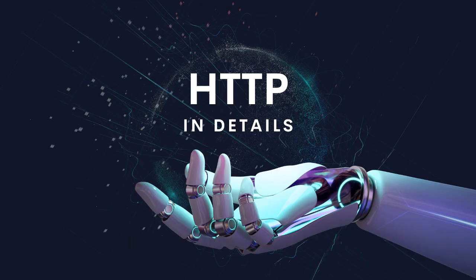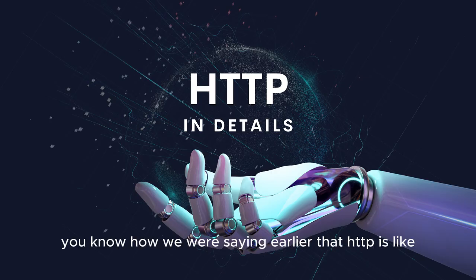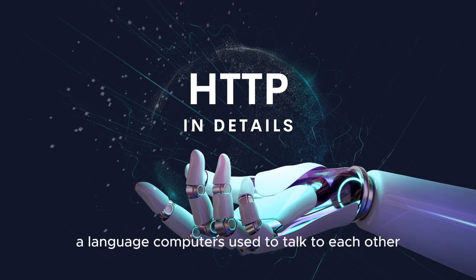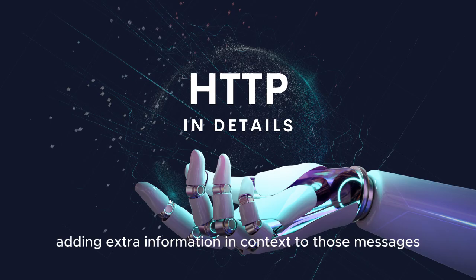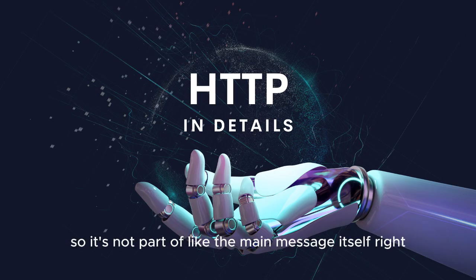Let's do it. You know how we were saying earlier that HTTP is like a language computers use to talk to each other? Yeah, like the language of the web. Well, headers are like adding those subtle cues and gestures you use in a conversation. Like body language. It's more like adding extra information and context to those messages. So it's not part of the main message itself. Right.